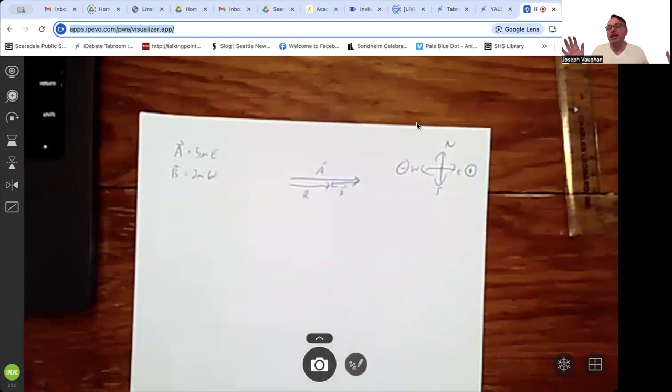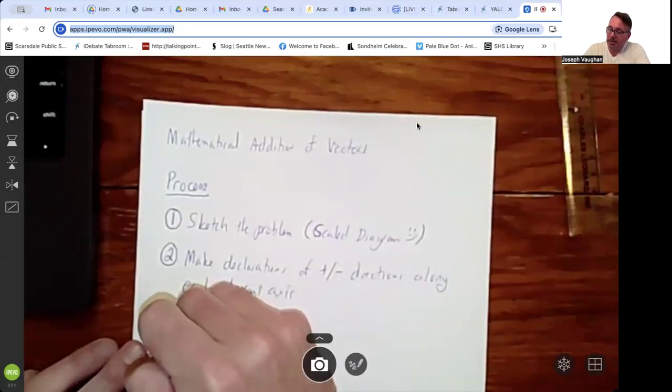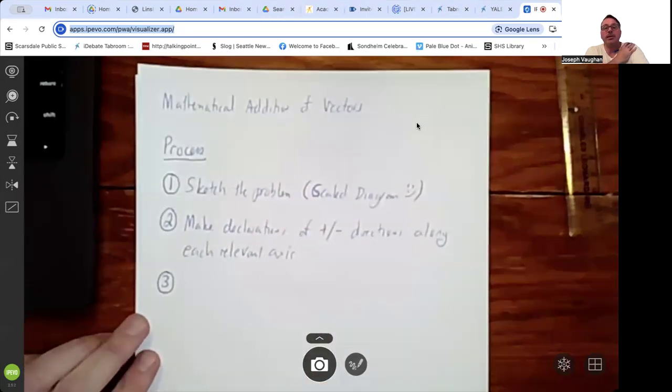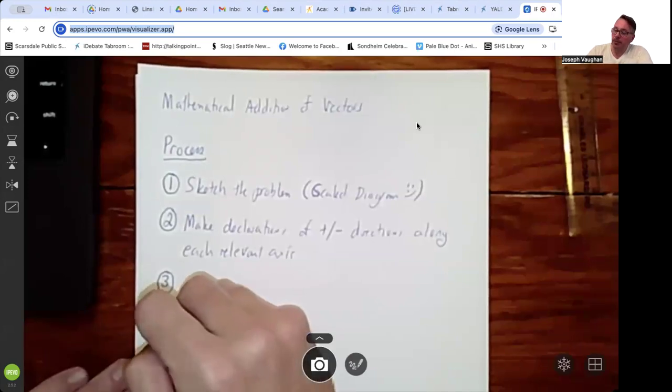I don't know, maybe that's just me. Anyhow, we've now made our declaration. Cool. We are going to skip step 3 because for this particular problem, step 3 doesn't happen. And we'll see why a little bit later.